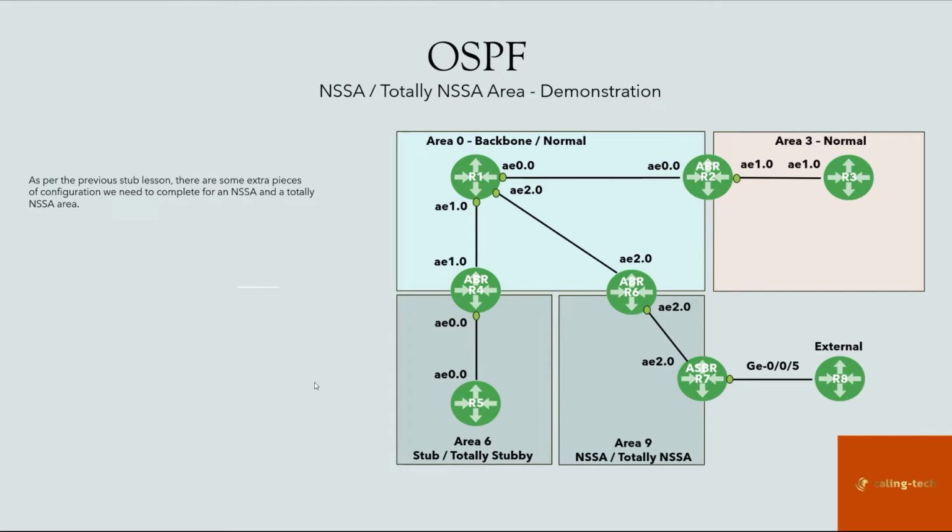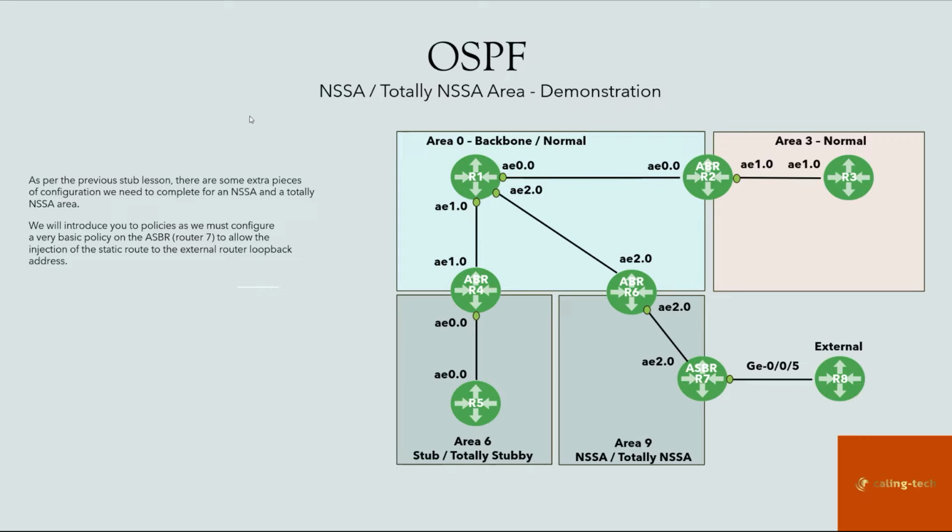As per the previous Stub lesson, there are some extra pieces of configuration that we need to complete for an NSSA and a Totally NSSA area. In this lesson, we will also introduce you to policies.